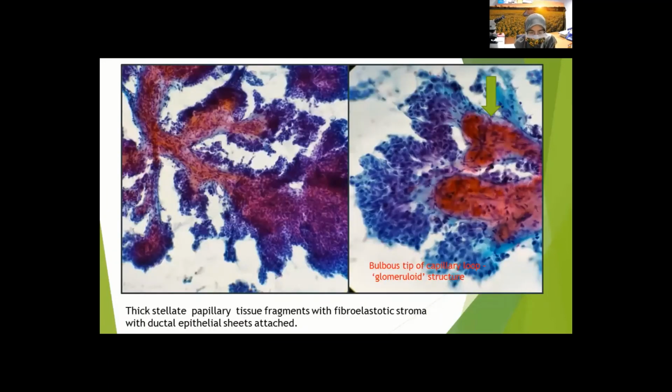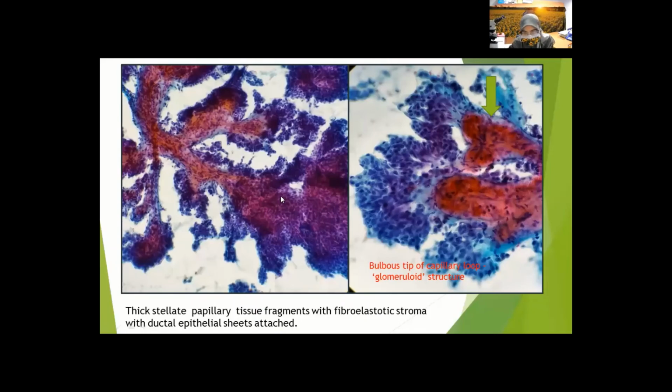So we focus on the large tissue fragment just now. This is the papillary core, which shows a thick, stellate-like papillary tissue fragment. This is the thick fibroelastotic stroma. See, this is a big fibrotic stroma, and on top of it are attached sheets of ductal epithelial cells.